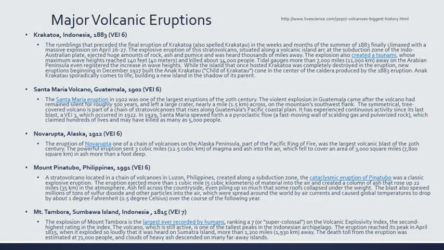All right, so here's a list of some major volcanic eruptions, and some of these have happened maybe within your lifetime, depending on if you're a junior or senior, or maybe the year you were born. Anyway, all of these are things that had some sort of global impact.